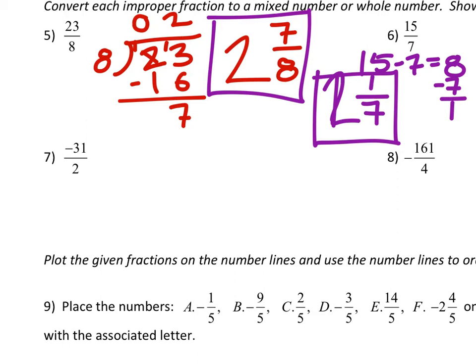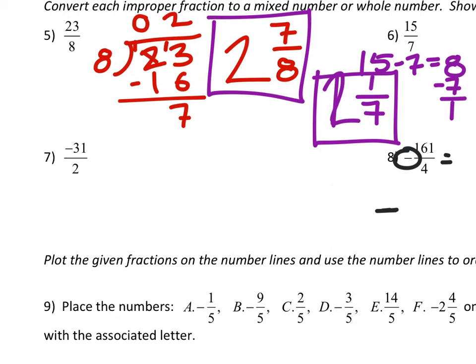All right, so -161 over 4. Which method do you guys want me to use? The second method will take a long time with this one because it's big. So I would recommend using division. Now, this number already has this negative here. So if we just acknowledge that the answer will be a negative, then we can ignore it, just as long as we don't forget to tag it on at the end, okay?